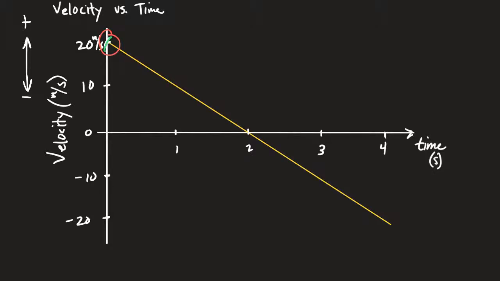This part from here to here is where the graph is positive, suggesting that during that entire time, the object is moving upwards. Is the object speeding up or slowing down during that time? You guys all agree it's slowing down?